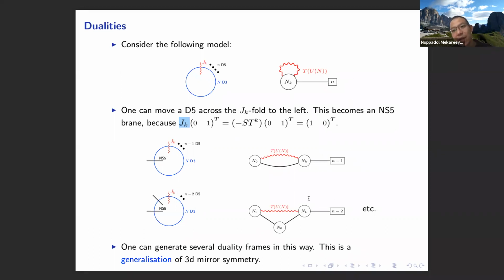Of course, you can keep doing more and generate more and more duality frames. If small n is large, you can keep doing it, and you generate duality frames. All of these duality frames are generated by one action, which is JK here, minus ST to the K. I claim that this is a generalization of 3D mirror symmetry because you use both S and T together to generate a duality frame.